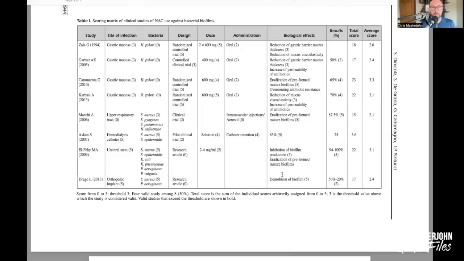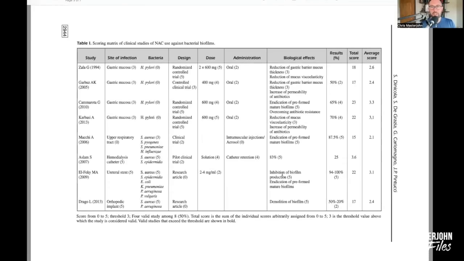from that paper. And one of the things that you can see in this table is if you look at biological effects, you have reduction of gastric barrier mucus thickness, reduction of mucus viscoelasticity, increased permeability of antibiotics, eradication of preformed biofilms, overcoming antibiotic resistance, which is interesting.